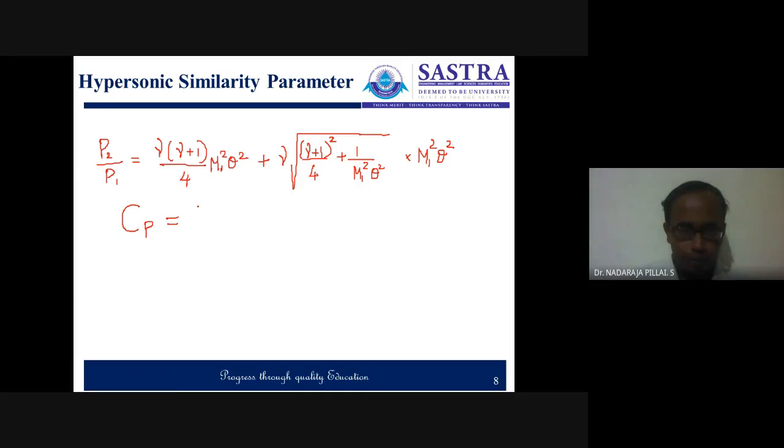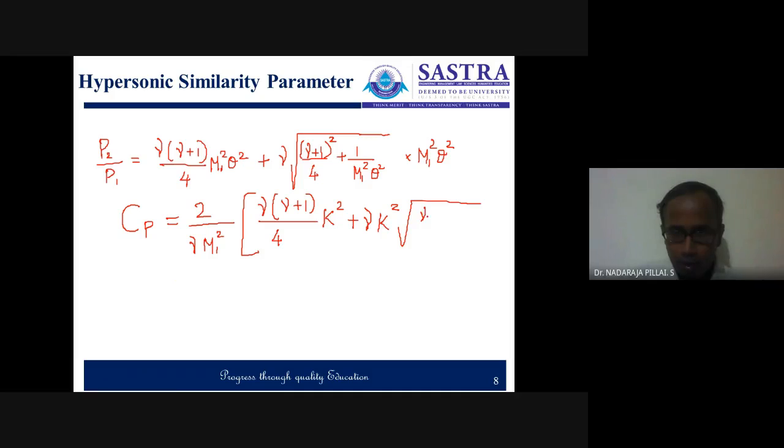We know that the coefficient of pressure becomes 2 by gamma M1 square into P2 by P1 minus 1, and finally we can write this equation as gamma into gamma plus 1 by 4 into M1 square theta square, which we write as k square, plus gamma k square into root of gamma plus 1 square by 4 plus 1 by k square.